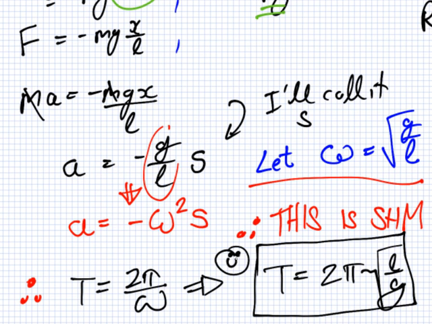In the formula. 0.18, what's the T? The length is L. That's what we're calculating, the time to go once.